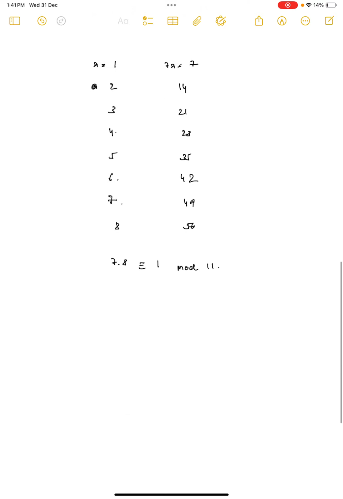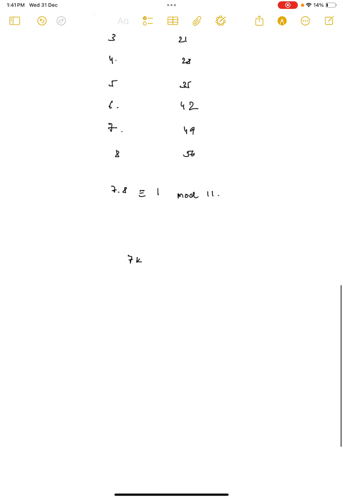Thus, you have 7k congruent to 4 mod 11. Now, dividing 7k by 7 is equivalent to multiplying 8 to 4. That is, k is congruent to 32 mod 11.